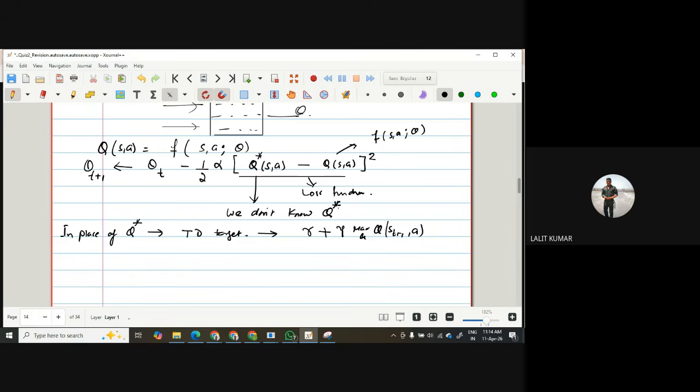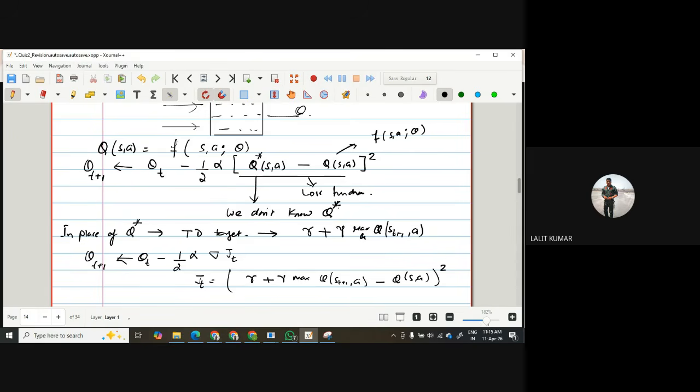if we write here, theta_{t+1} is theta_t minus alpha times the gradient of J_t, where J_t is a function. This J_t is the entire loss. Now J_t is equal to (R plus gamma max Q(S_{t+1}, A) minus Q(S, A)) whole square.